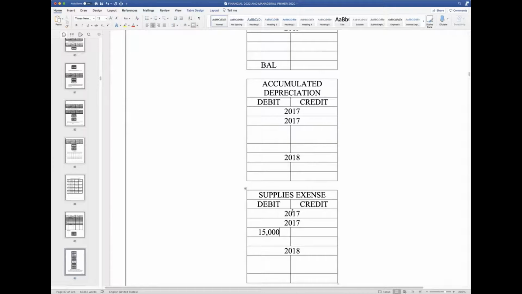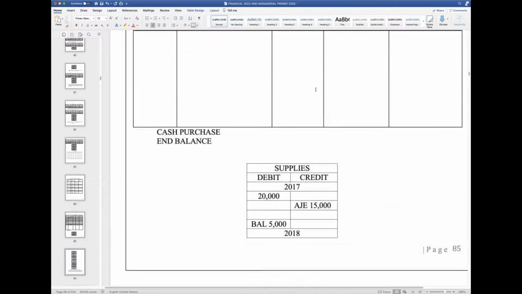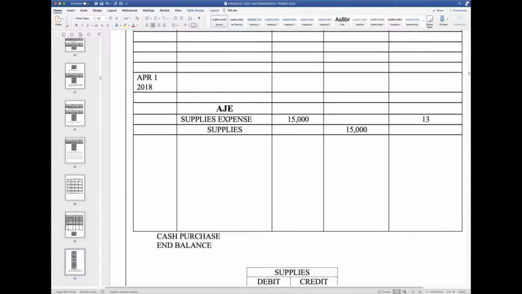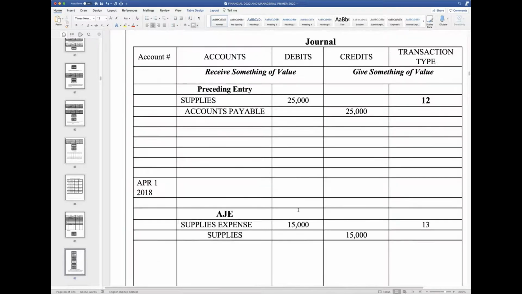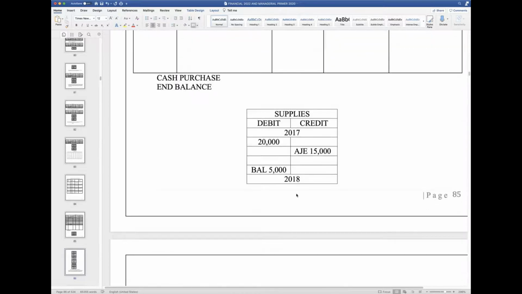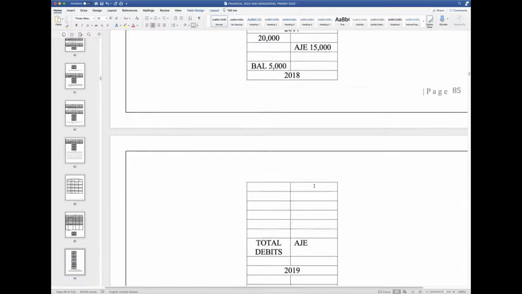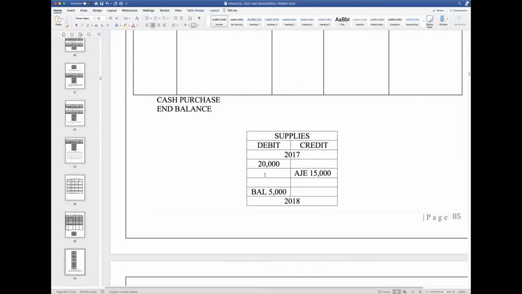So when I give you your attendance quiz, I expect you to make the acquisition journal entry, the adjusting journal entry, and then show how the accounts look. What's the acquisition? What's that one?